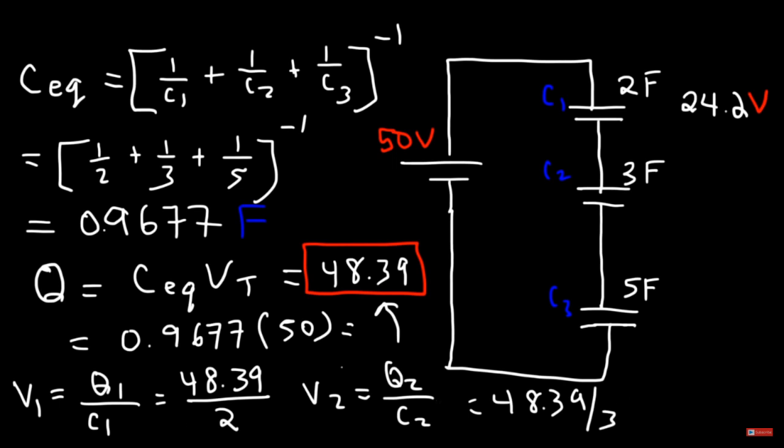And then that is equal to 16.1. Now to find V3, it's going to be Q3 divided by C3. So V3 is going to be 48.39 divided by 5. And that's about 9.7 volts.